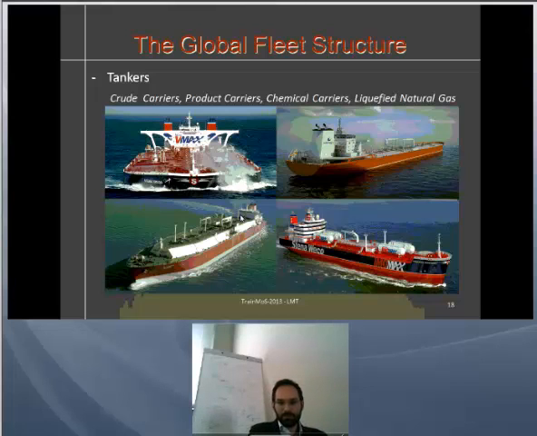Chemical carriers are also a substantial part of the fleet, but they don't represent a big tonnage because they're usually small vessels, about 100 to 120 meters long. They carry a variety of cargo, from vegetable oil to very specialized chemicals used in different industries, and they usually do short routes between ports.